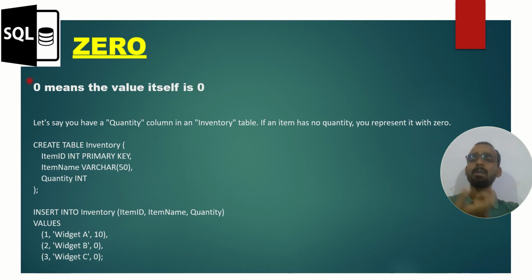It is a simple definition: zero means itself it is a value, and it is zero. That's it. For better clarity, I have created an inventory table, and we will see this in our SQL Server. I have created this table using these parameters, basically columns, and we will be inserting values in that, so you can figure out what exactly is different in each.